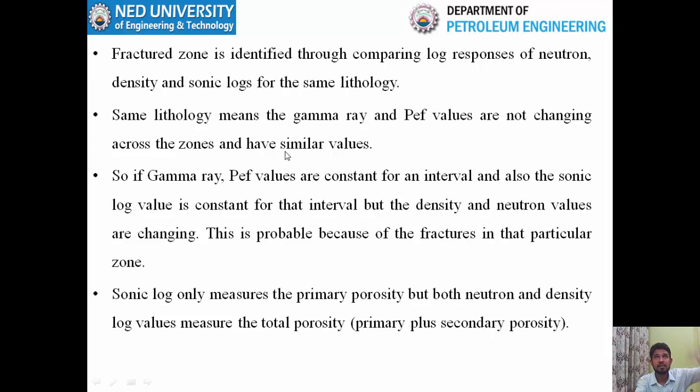So if you identify a thick section which has the same gamma ray and PEF values, and across this section you have some zones which have higher neutron and density porosity values, but against the higher density and neutron porosity values you have low values of sonic, that will indicate that this zone will be the fractured zone in this log section.